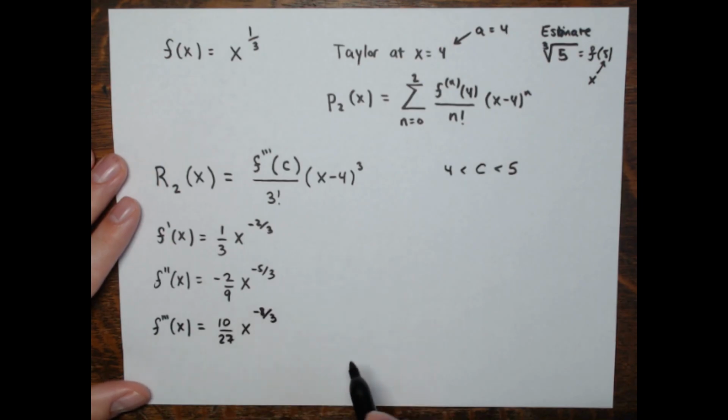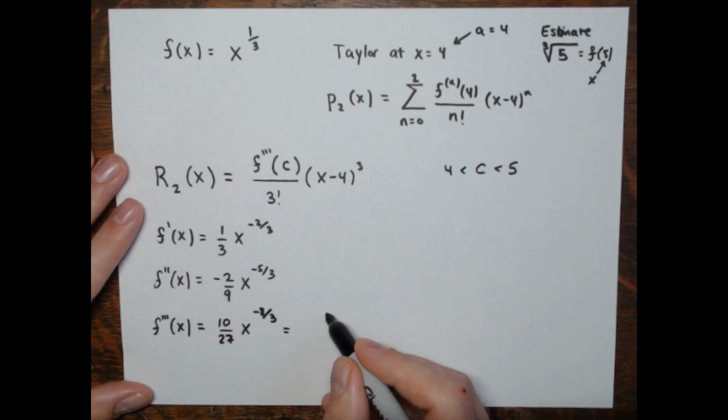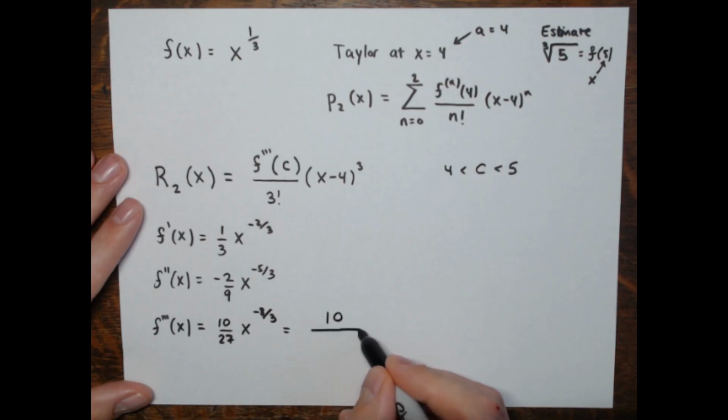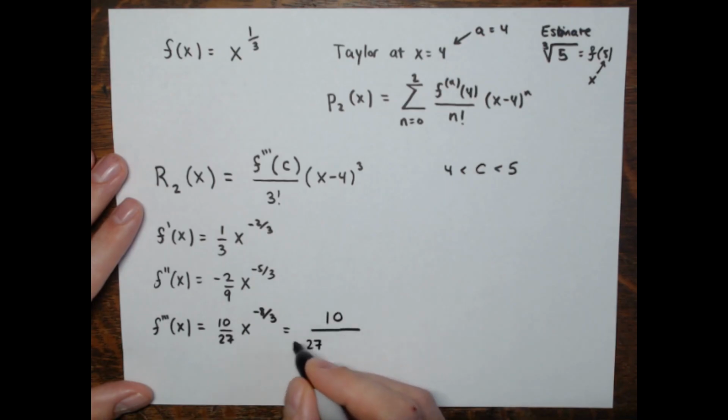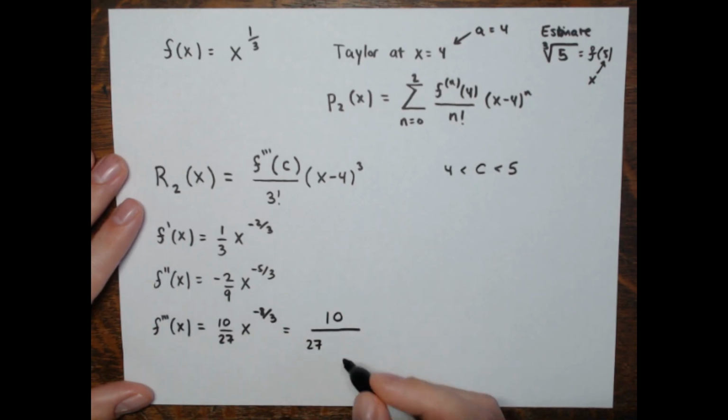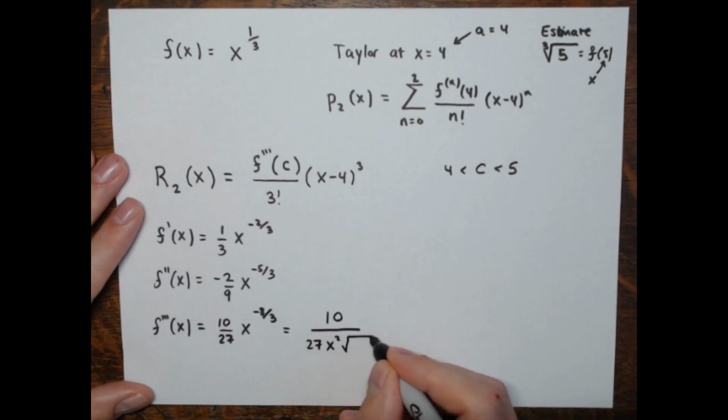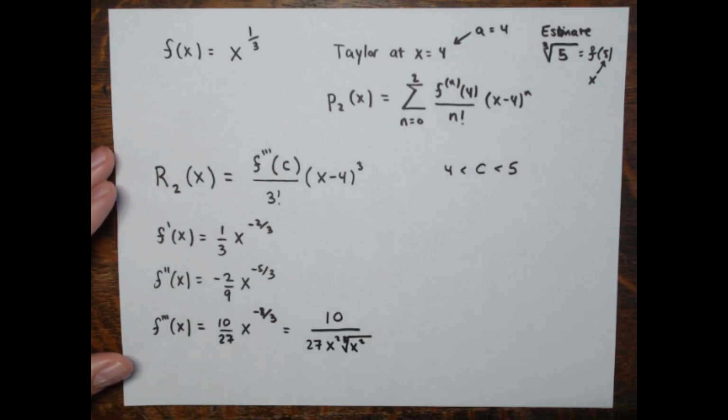Now you can think of this as 10 over 27, and then x to the positive 8/3. That's x to the 2 2/3, so x squared times the cube root of x squared. That's x to the 2 2/3 power.